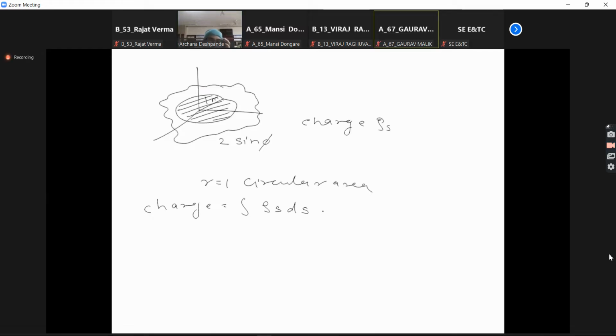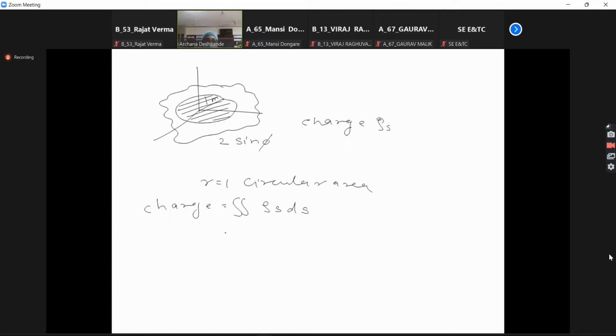If rho s is given, it is a double integration because it is a surface area. If rho v is given, then triple integration rho v dv is the formula, and if rho l is given, then single integration rho l dl is the third formula to calculate the charge. This charge is equal to flux as per the Gauss law. So we will calculate the charge and then say at the end that this charge is equal to the flux emitted.